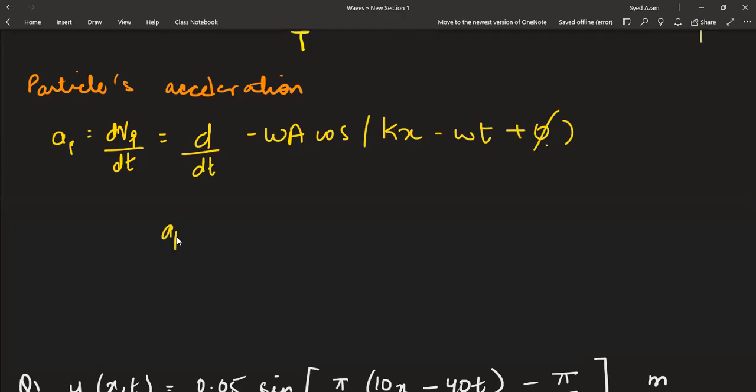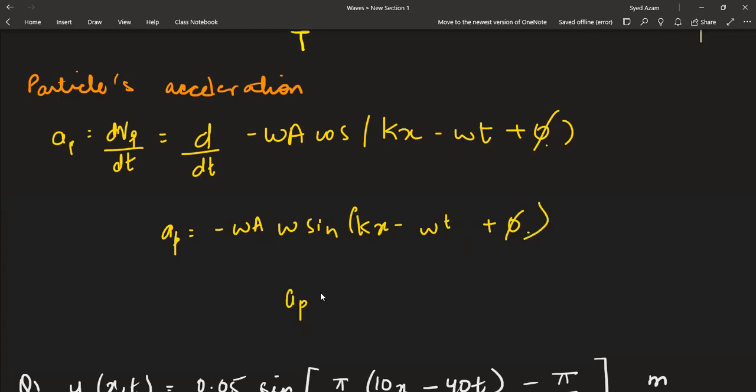Right? So simple when you remember the final conclusions only, class. These derivations are not very important for you. So this is minus omega a omega sine kx minus omega t plus phi naught.